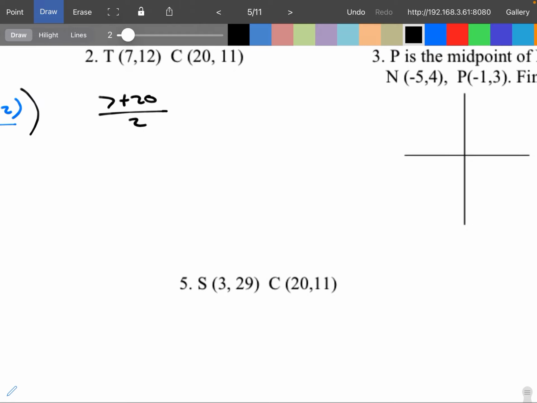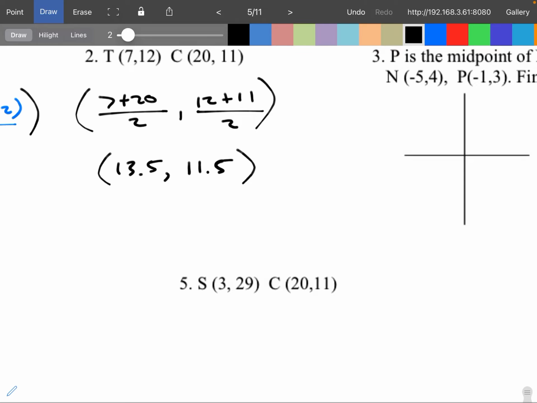All right? So this next one, let's just do it without a picture. We'll do number 2. We're just going to do 1, 2, and 3, and then I'll give you a few of these to try. So number 2, we're just going to do it without a picture. What are my x's? Add those together and divide by 2. And then what are my y's? Add those together and divide by 2.